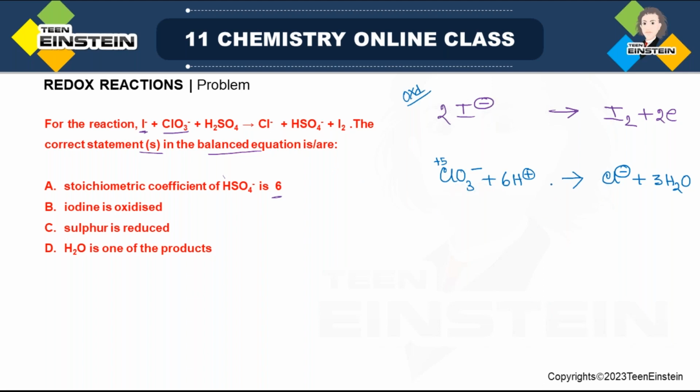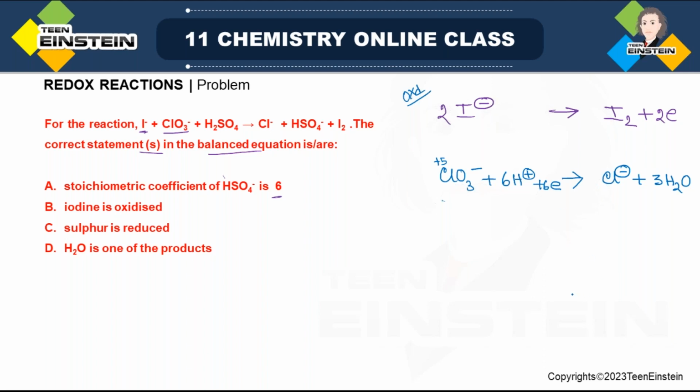And the next step, we will see the total charge. Total charge on the left hand side is -1 plus 6, that means +5. And here it is -1. So +5 and -1, so it should be 6 electrons.